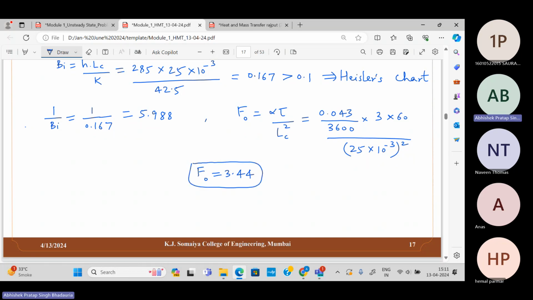So we have determined the value of Fourier's number and the value of 1 upon Biot number. Now for the mid plane temperature, definitely the x will be 0, and if the x is 0, then x by L will be equal to 0. So now let's open this. Fourier's number is 3.44 and 1 upon Biot number is 5.988.